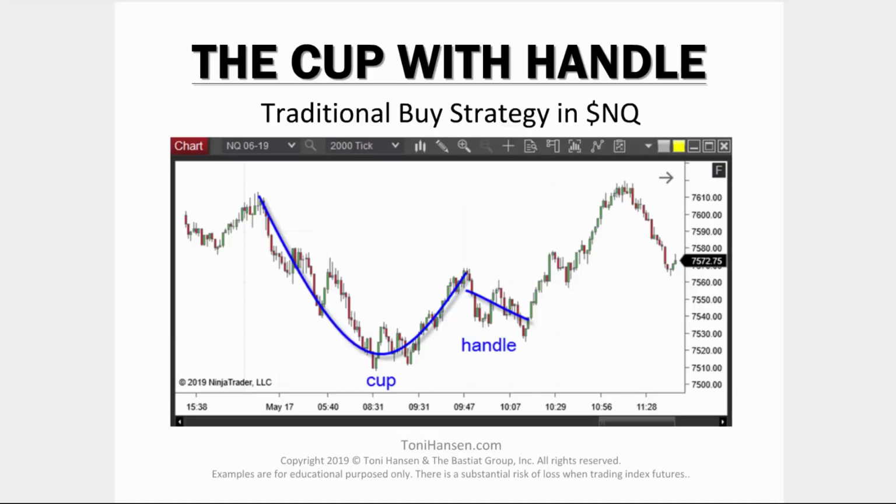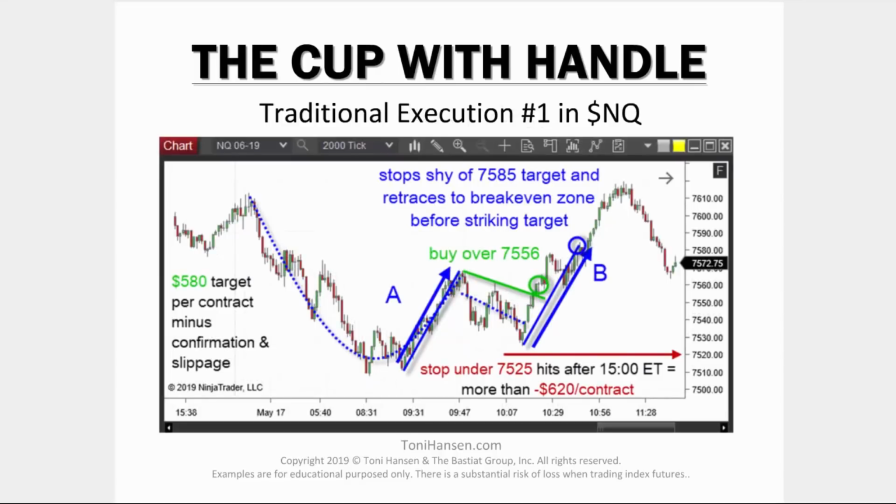So there's two ways that people are traditionally taught to trade a cup with handle pattern. The first way that they are taught to trade this is to look for a break in the handle. So your cup is the rounded part, your handle is the pullback.